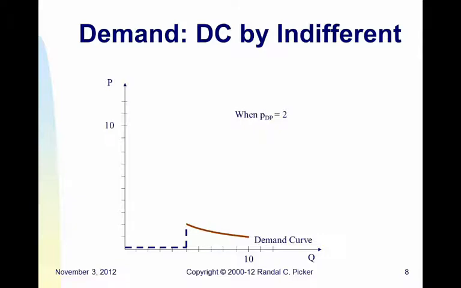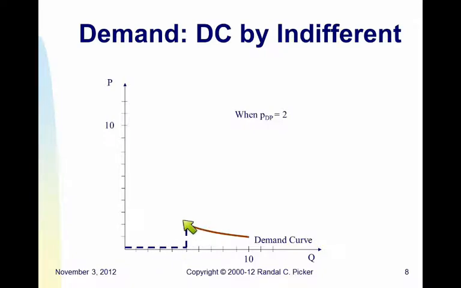So if the price of Diet Pepsi is 2, then when the price of Diet Coke is above that, at 10 for example, the guy's going to buy Pepsi. And so the quantity demanded at a price of 10 is 0. A price of 5, 0. Price of 4, 0. Because in all of those cases, the price of Diet Coke is above the price of Diet Pepsi. They'll just buy Diet Pepsi.